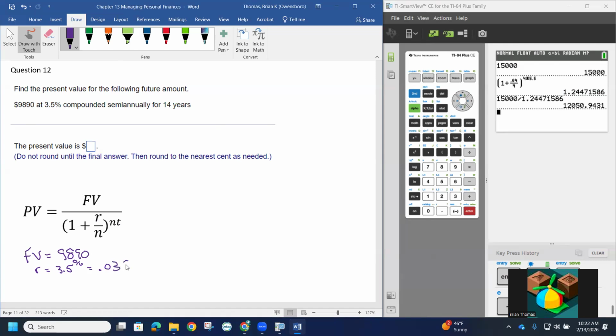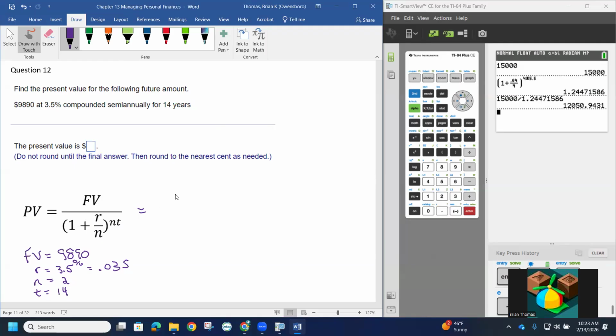The number of times compounded is semi-annually, which means twice a year, and the number of years is 14. That's how I take note of writing that down. Then I put my equal sign and start replacing my unknowns with knowns.